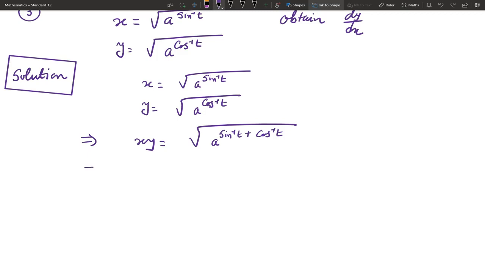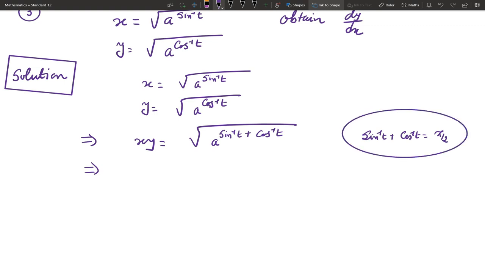We have the formula sine inverse t plus cos inverse t equal to pi by 2, a trigonometric formula of inverse trigonometric functions. So xy equal to a raised to pi by 2.